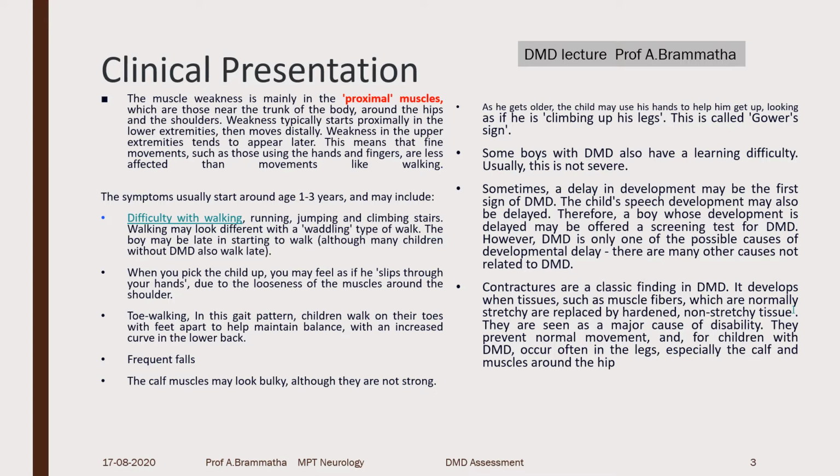As this affects only males, and females are carriers, in the course of development there is a kind of delay. It's not due to developmental dysfunctions, but some delay would be observed by the parents, and they would come for some kind of screening.